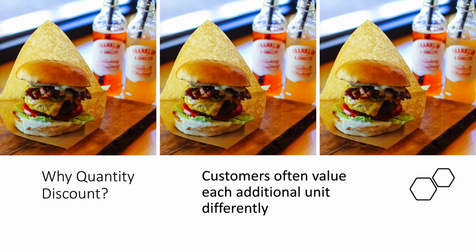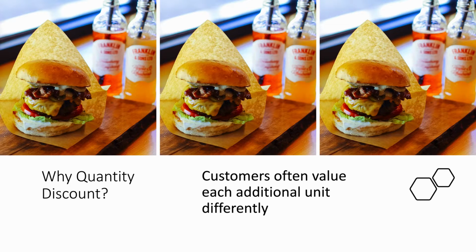The reason why companies very often offer quantity discounts, and this is true for consumer markets and business markets, is that customers often value each additional unit differently. For example, let's say you go into a restaurant and buy mini burgers. When you are hungry, the first burger tastes really, really good.